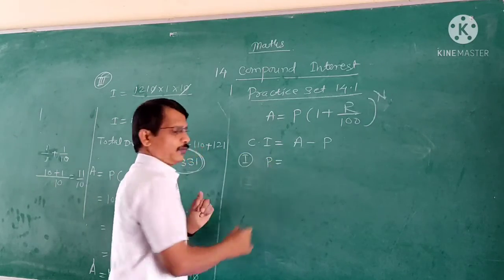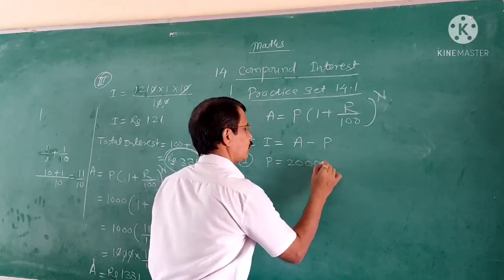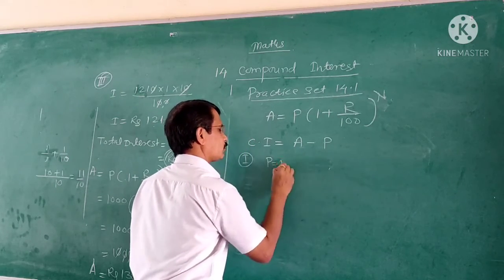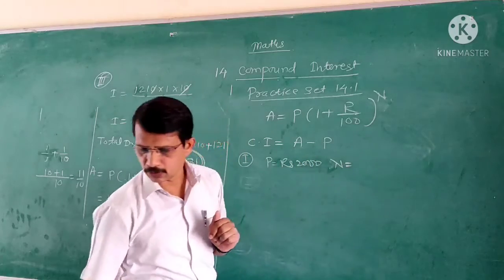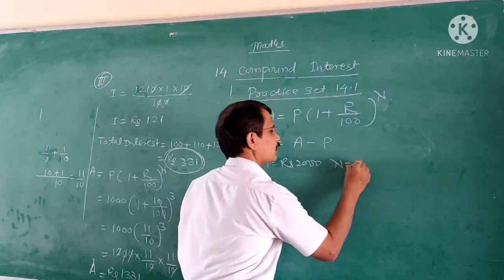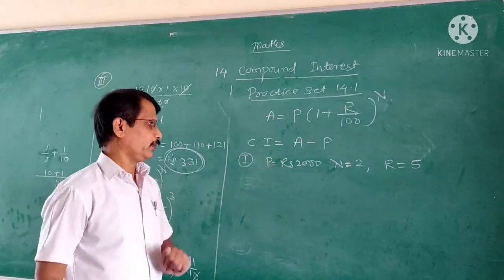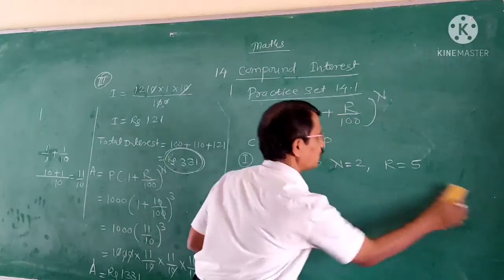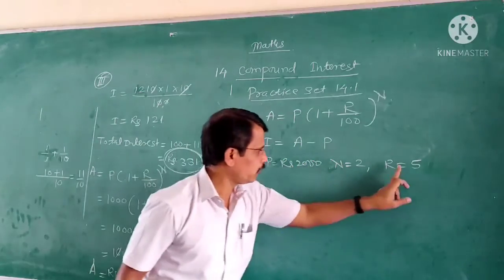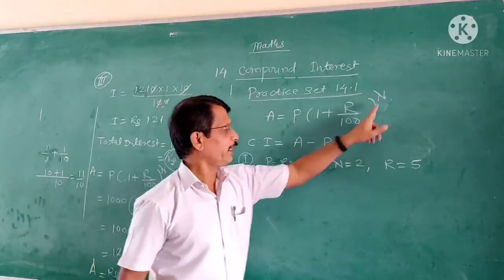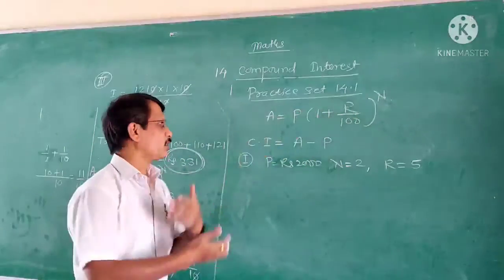You are given P is equal to 2000 rupees, N is equal to 2 years and R is equal to 5. Here this is the value of P, this is R, this is N. We have to substitute these values in this formula.